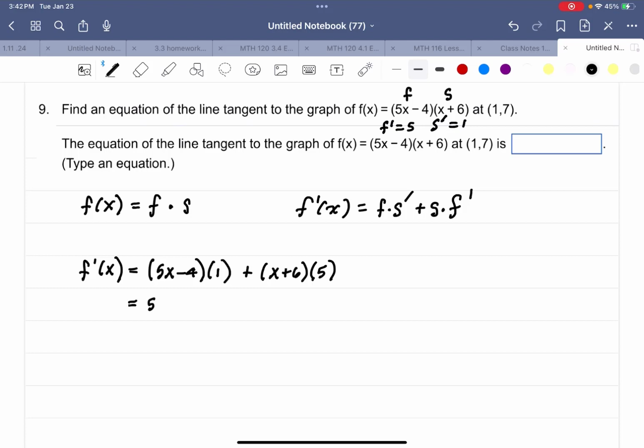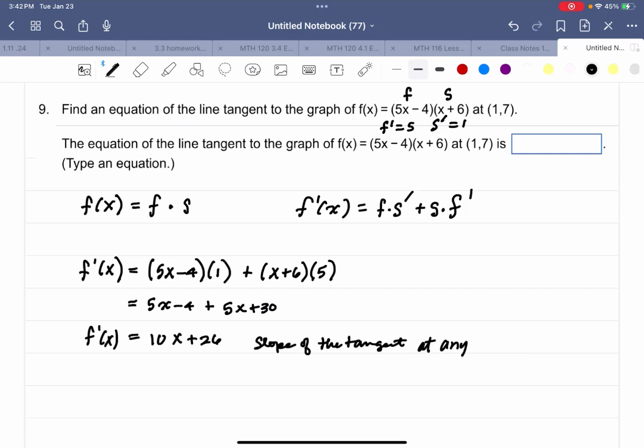So that's 5x minus 4 plus 5x plus 30. So 10x plus 26 is the slope of the tangent. Remember, f prime of x, the derivative, is the slope of the tangent, and this is at any x value.